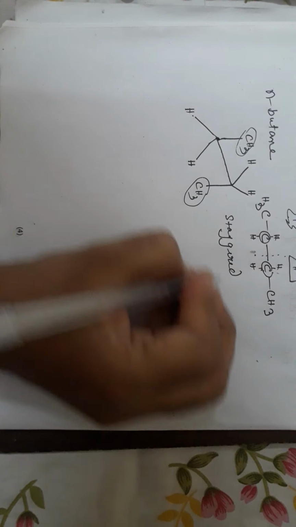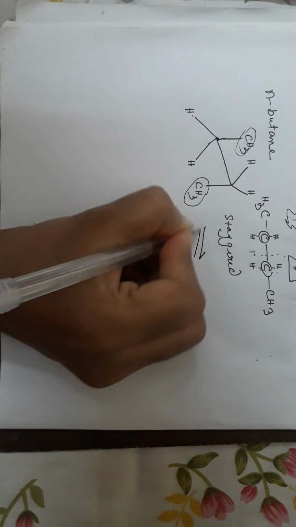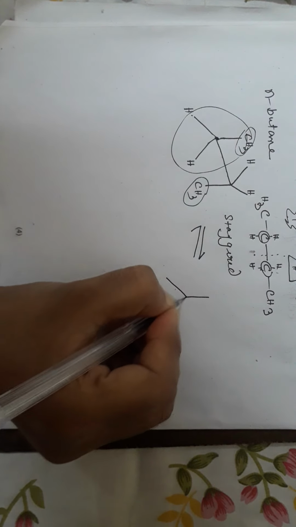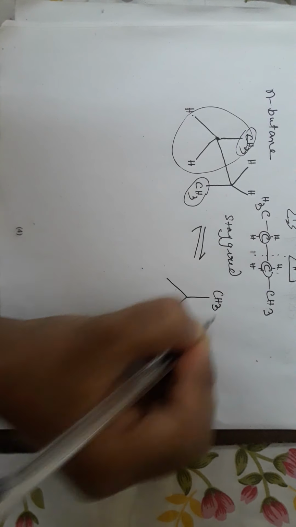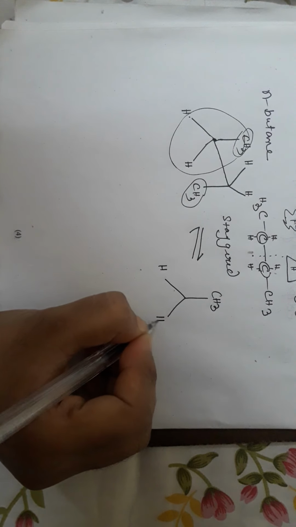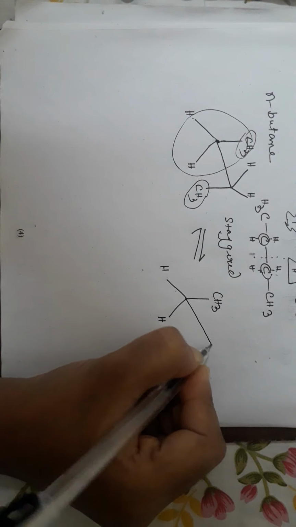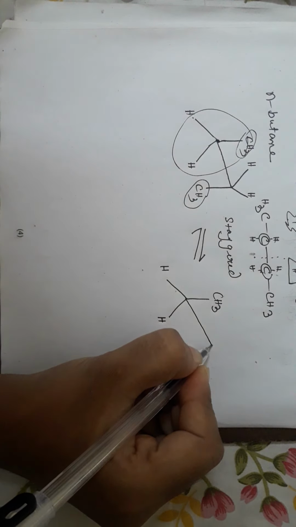And another is we can transform it into eclipsed conformation. So again keep this portion intact, again that elongated carbon-carbon single bond. Here what will we do?